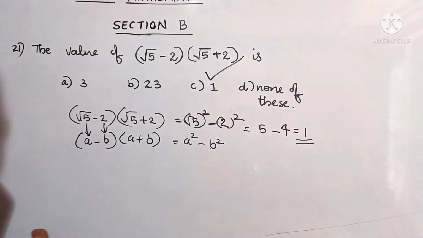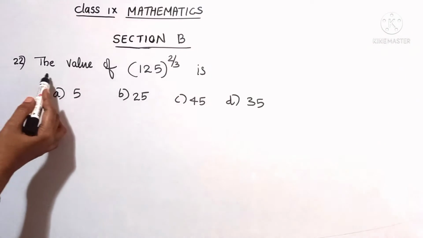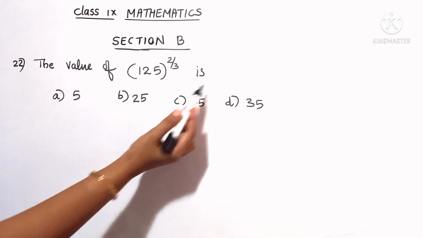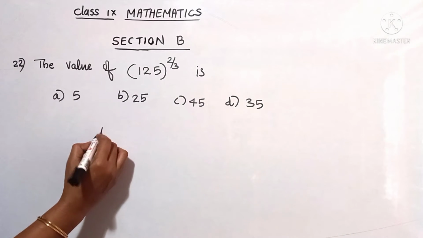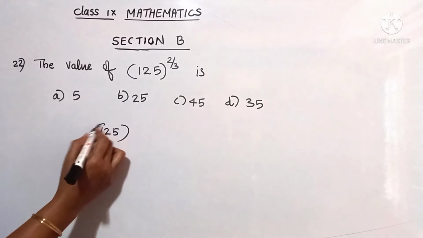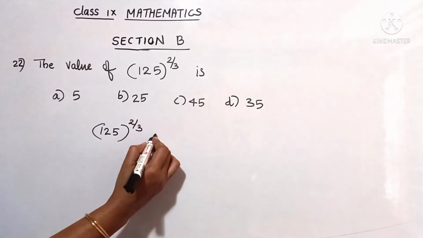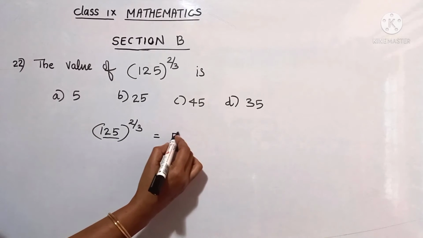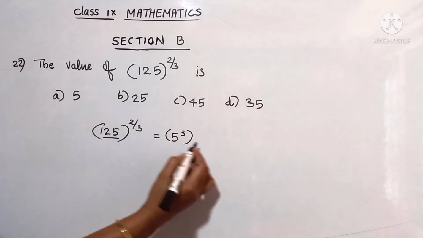Option C, 1. Then the 22nd question: the value of 125 raised to the power 2 by 3 is. We can solve this, 125 raised to the power 2 by 3. And here 125, you know, that is 5 cube, or 5 into 5 into 5.